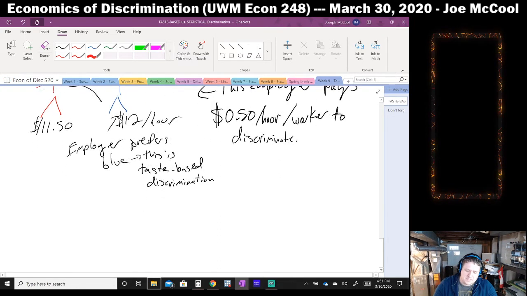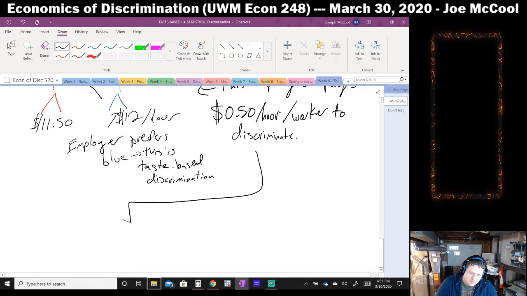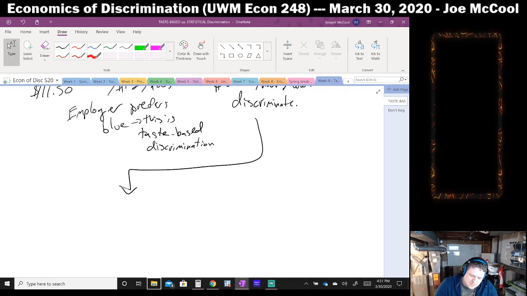So we're going to turn this into some algebra here, right? We have wages, if you're black, are equal to wages if you're white.